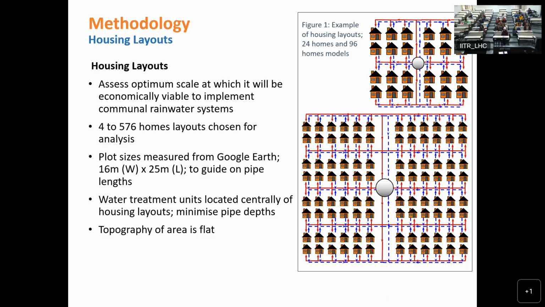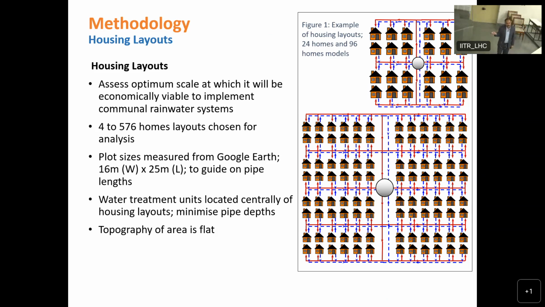All the water has been collected centrally, and we designed the collection system, the distribution network, the pumping sites, the tank site, estimated the cost of all that system, and estimated the life cycle cost over an analysis period of 50 years. So we took different sizes, and you can see the example for 24 homes and 96.